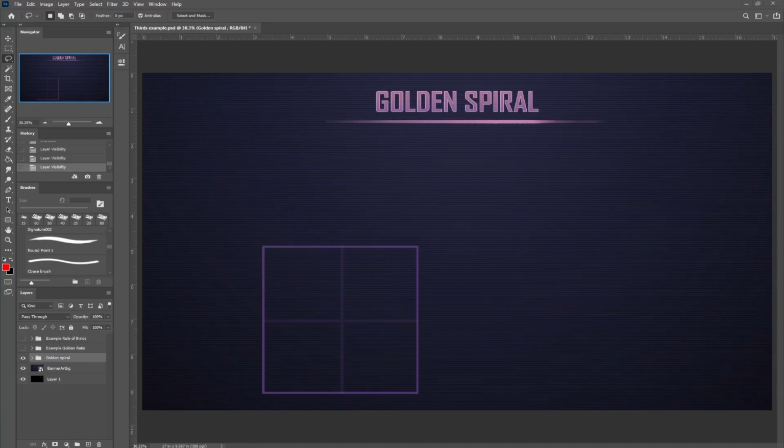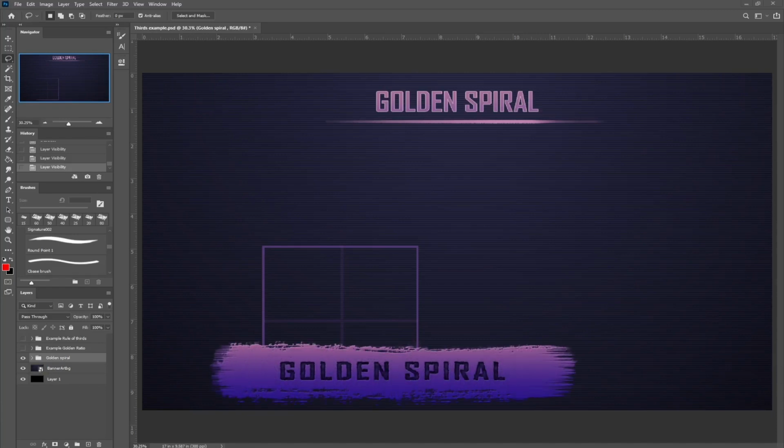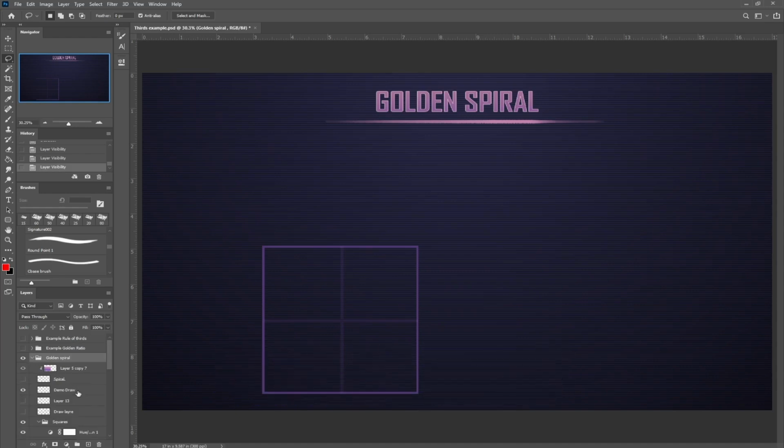Our third and final example will be the golden spiral, or as I like to call it, the spiral rule. This spiral rule, or the golden spiral, builds on the golden ratio.